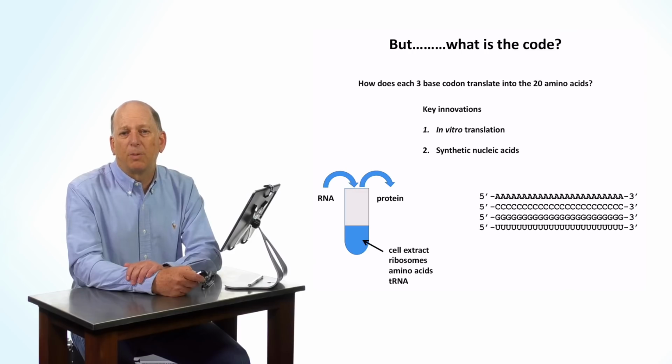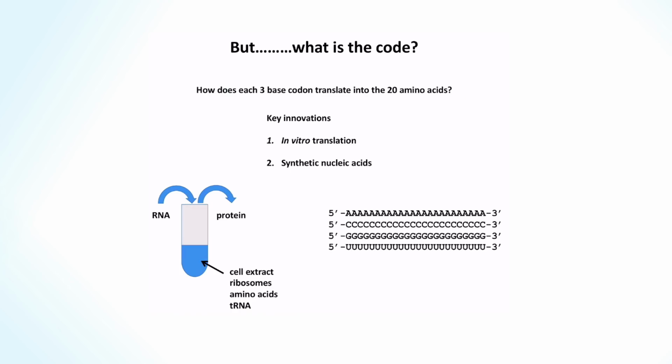The first was the ability to carry out translation in vitro using a cell extract containing ribosomes, amino acids, and tRNAs. The second was chemical synthesis of nucleic acids, RNA in this case, that could be used as artificial substrates. Thus, with input RNA, the cell extract would read the RNA and make protein.